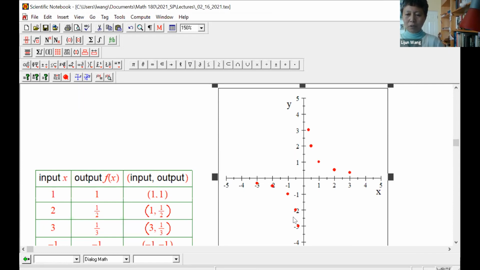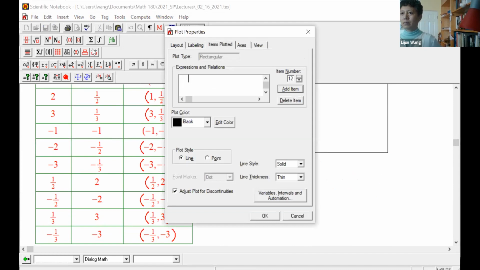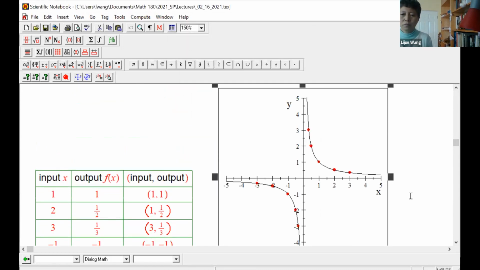It is the input, comma, output. So now is it time to connect the dots? Isn't that easy?